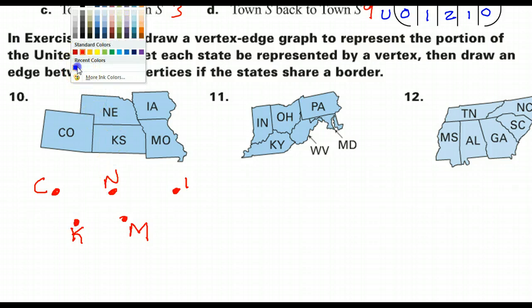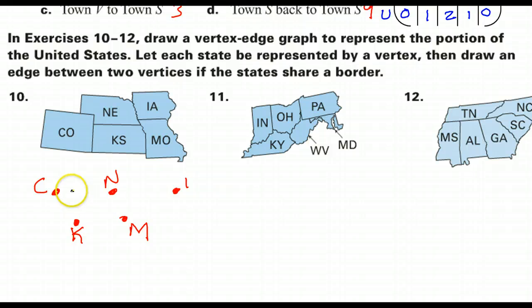All right, now let's show the shared border. So Colorado. All right, Colorado shares a border with Nebraska. All right, does it share a border with Iowa? No. Does it share a border with Missouri? No. Just Nebraska and Kansas.